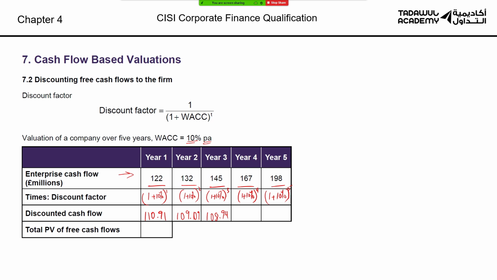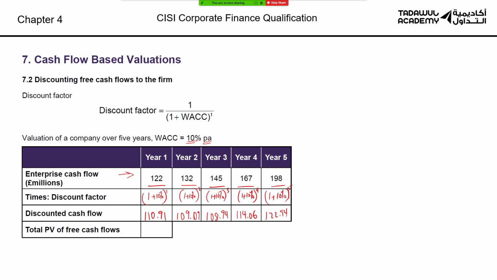108.94. In the fourth year, 167 divided by 1.1 to the power 4. 114.06. And in the last year, 198 divided by 1.1 to the power 5. 122.94.